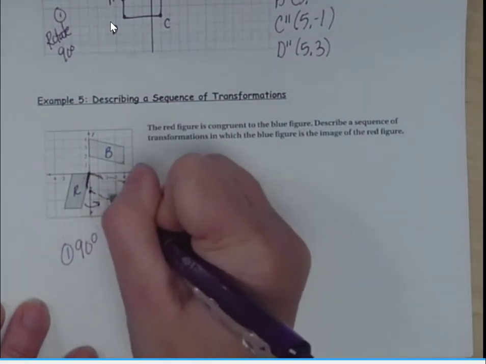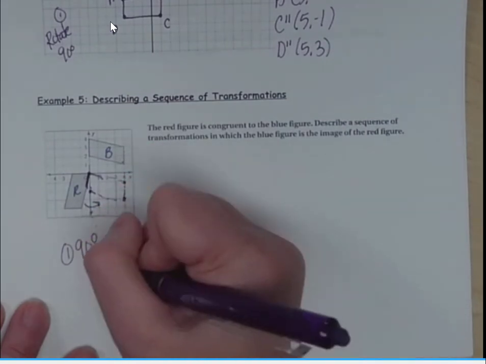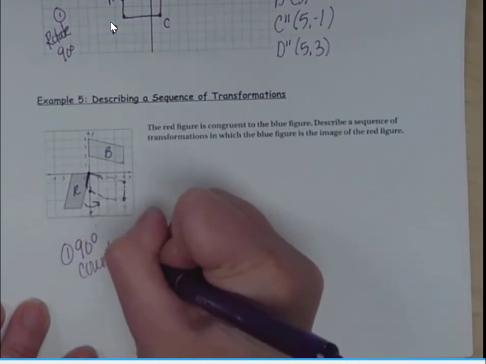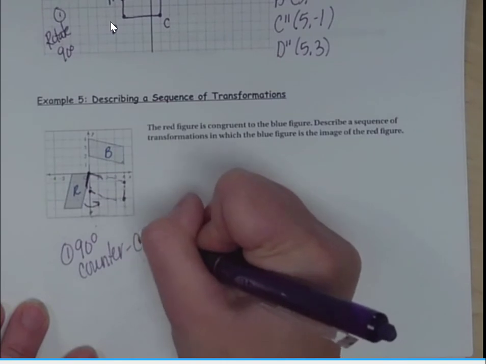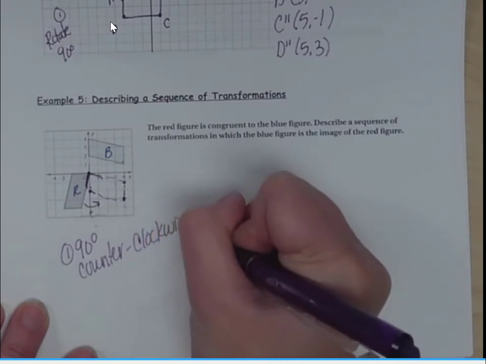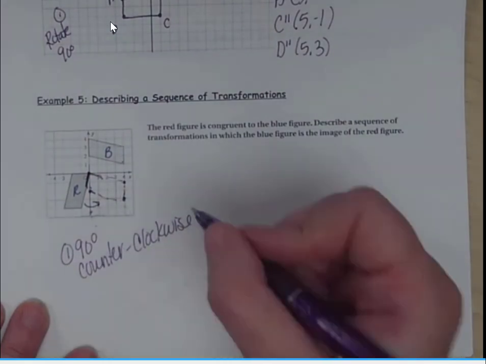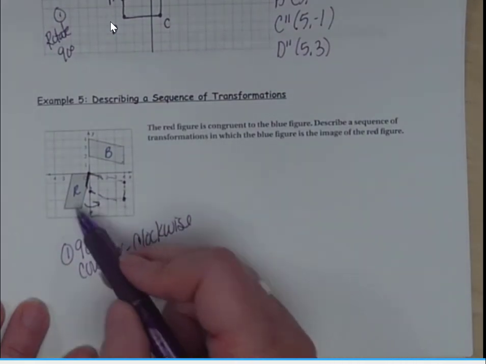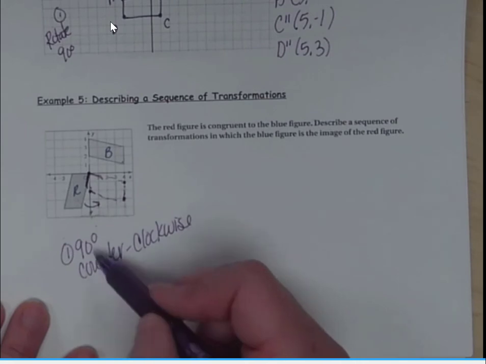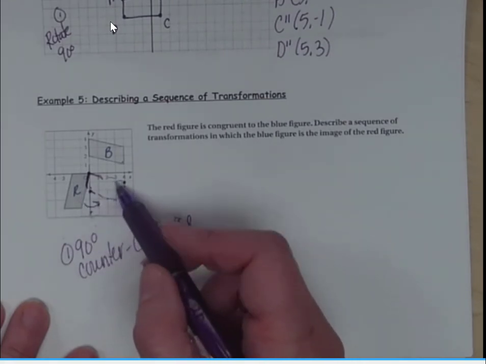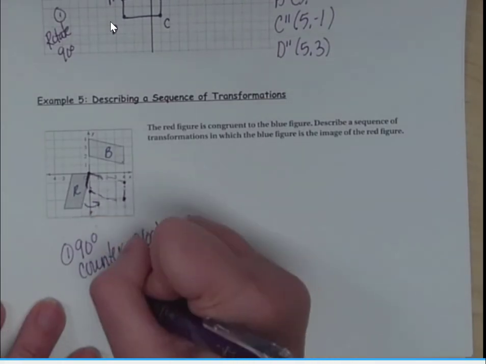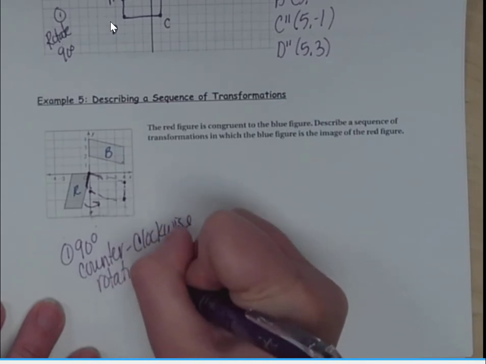The first thing I have, and it's going this way, which means it's counterclockwise. Again, there may be more than one way to get to this shape, so you could do it in a different order as well, as long as we still end up in the same spot. So this is about a 90-degree clockwise rotation.